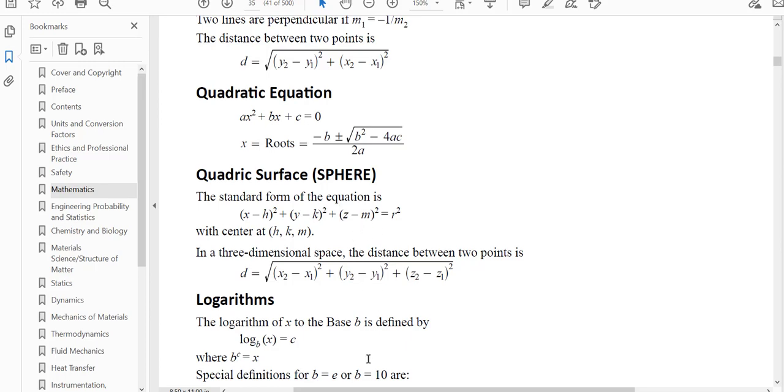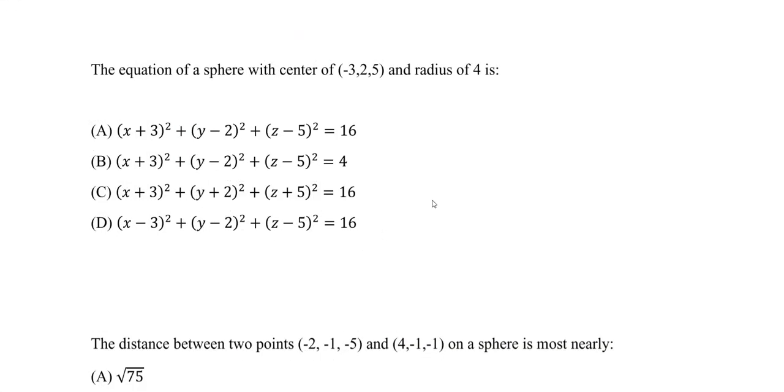So based on that, we can go back. We know it's going to be x minus our h value, which is -3. So x minus -3. You see how we're going to get a +3 there? So don't get confused by the signs. Squared plus our y minus our k value, which is 2.